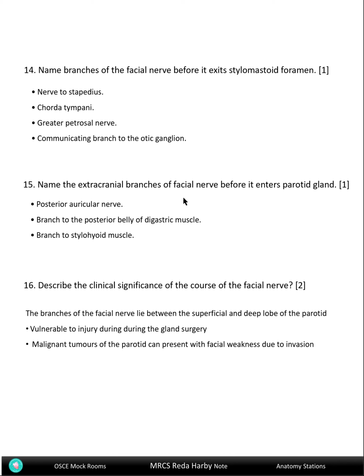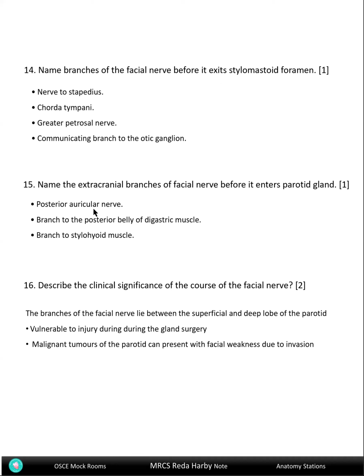What are the extracranial branches of the facial nerve before it enters the parotid gland? Post-auricular nerve, branch to posterior belly of digastric, and branch to stylohyoid muscle. These are just between its exit from the stylomastoid foramen and before entering the parotid.